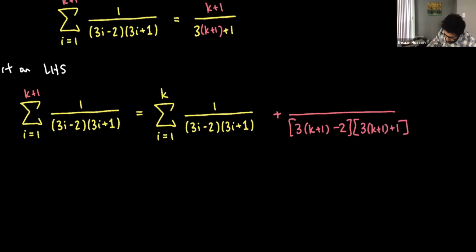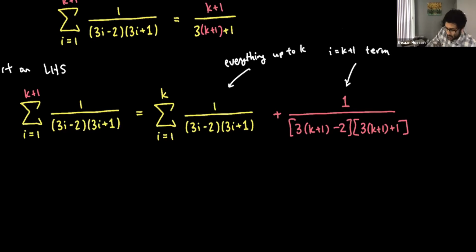And then I have 1 over that, right? This is the k plus 1 term. Sorry, this is the i equals k plus 1 term. And this is everything else, everything up to k. Yep. So all I did was pull out the k plus 1 term.